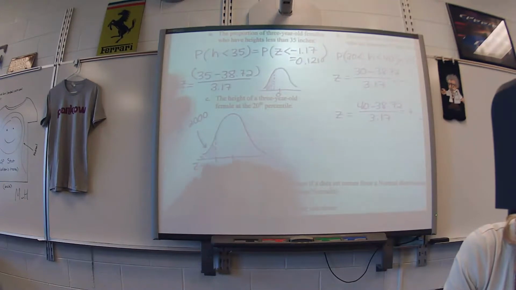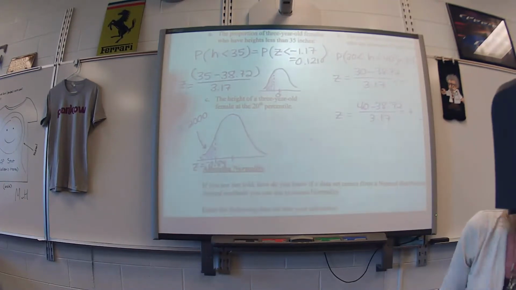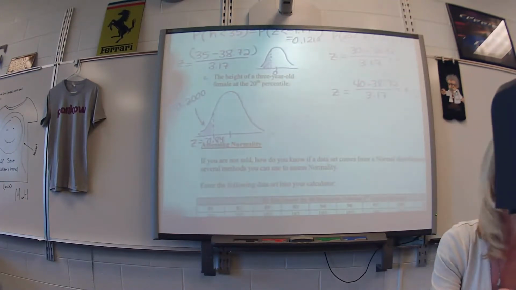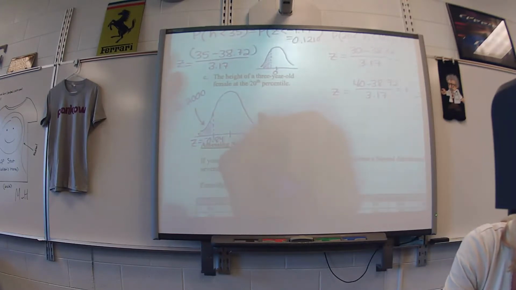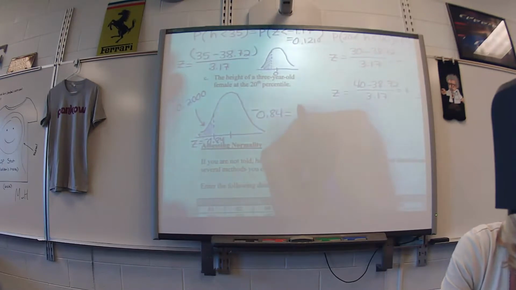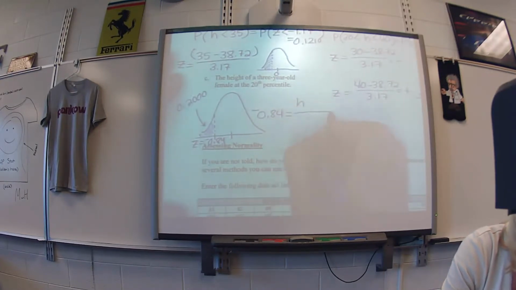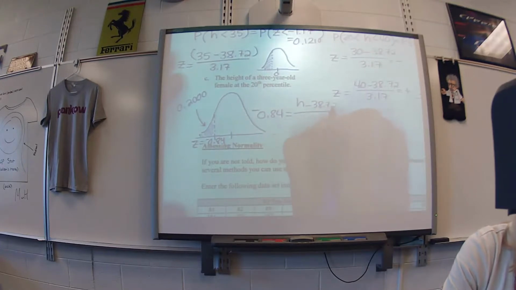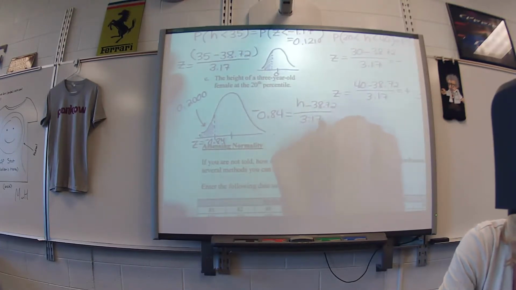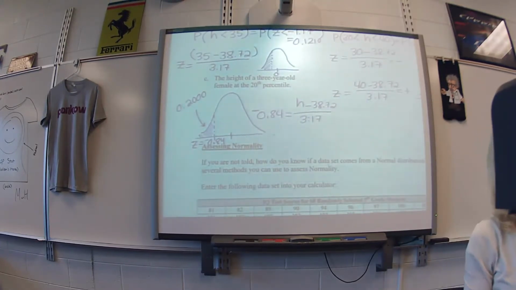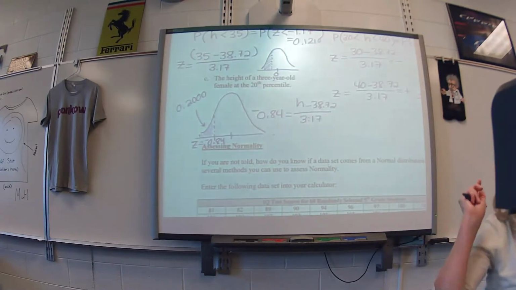Z equals negative 0.84. All right, so now when I go to use my formula, it's the Z-score that I know. And what I don't know is the height. The mean is still 38.72. The standard deviation is still 3.17. But now I'm solving for a different part of that equation.